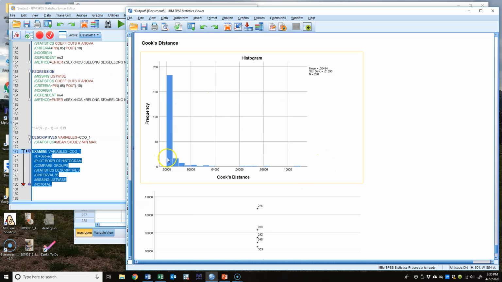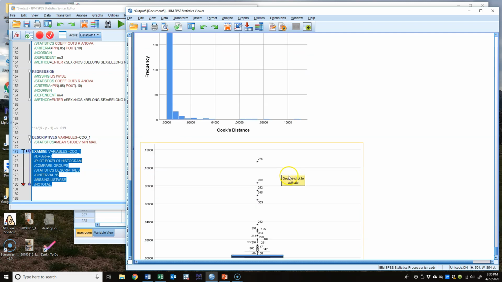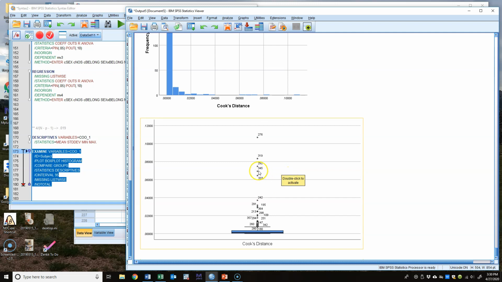Again, a super skewed distribution here. It's kind of continuous, but all of this stuff over 0.06, that's starting to get really ugly out here. And so we've got 1, 2, 3, 4, 5 cases that are really large, but there are a lot of cases that are exceeding the cutoff.